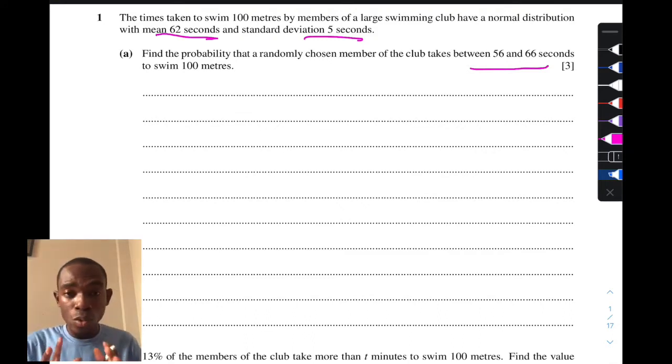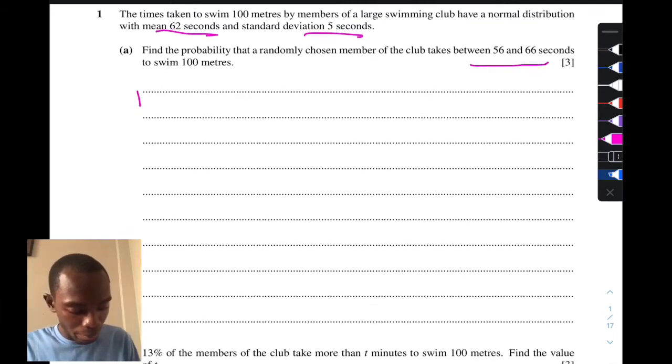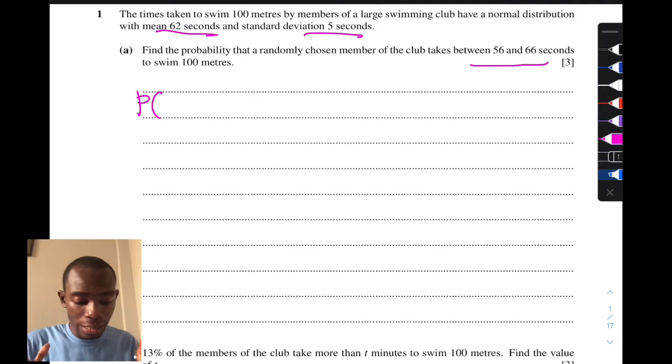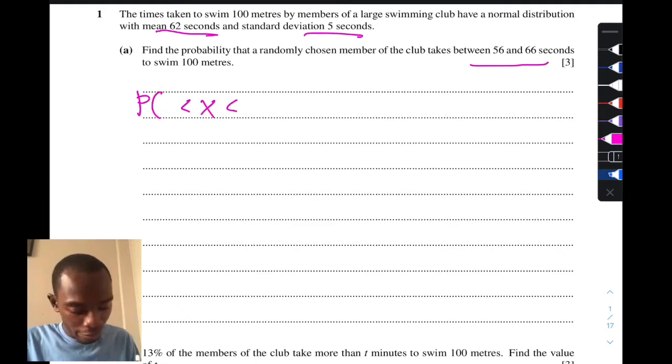Now they say that it's between these two values. Okay, so the probability, let's say that times taken by these people follow the normal distribution, and the variable that we are dealing with is x. Okay, I like to write x. So x is in between 56 and then 66.